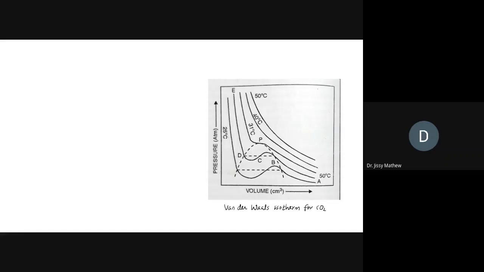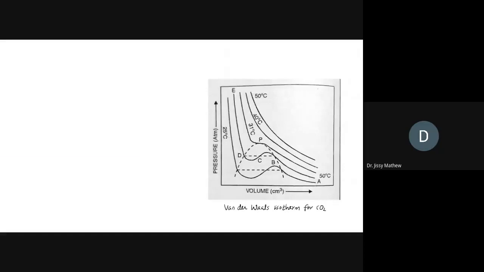If we look at the isotherm at different temperatures, for example at 13.1 degrees Celsius, you can see there is a curved portion instead of the horizontal portion obtained in the Andrews experiment.